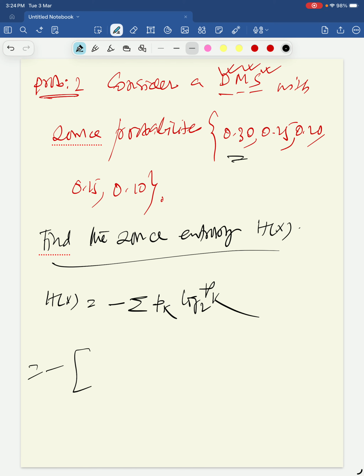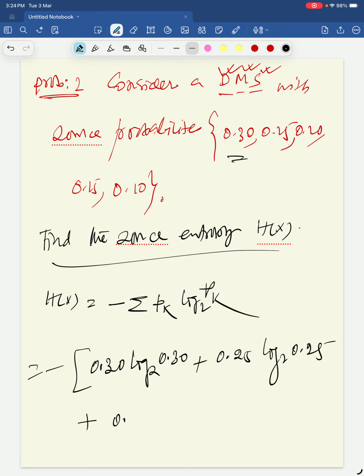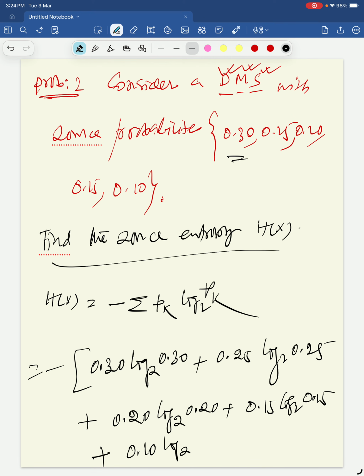So minus, first one is 0.30 log base 2 of 0.30, plus 0.25 log base 2 of 0.25, plus third one 0.20 log base 2 of 0.20, plus 0.15 log base 2 of 0.15, plus 0.10 log base 2 of 0.10. So this is the formula. What do you get?